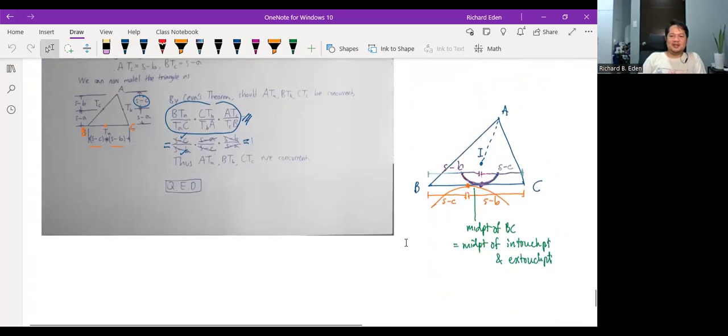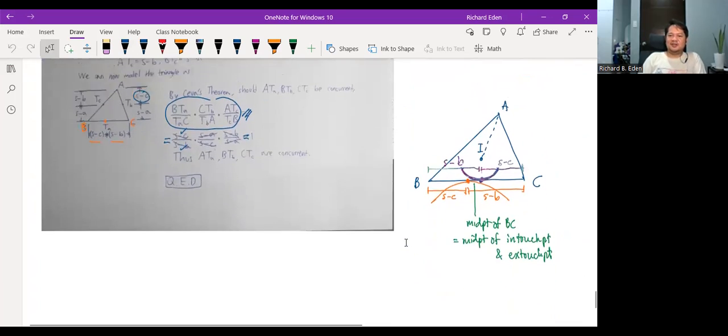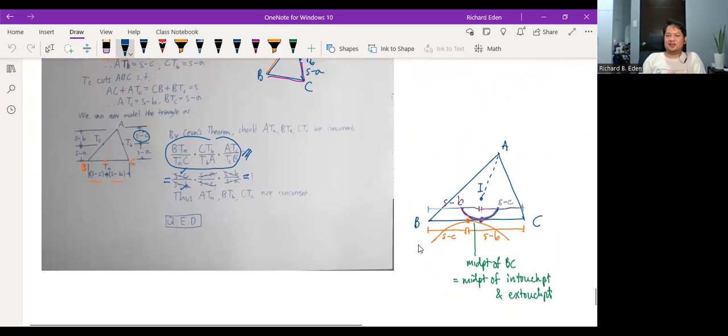This is one of the things. Do you see this figure here? The purple point is the point of tangency of the incircle, and the orange point is the point of tangency of the excircle from A. The distance from the orange point to the vertex came into use.